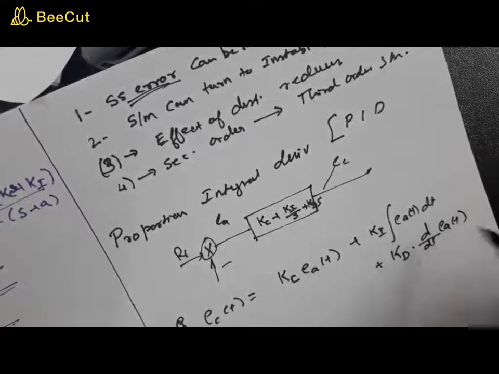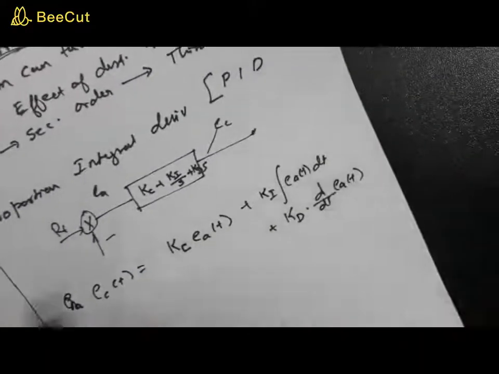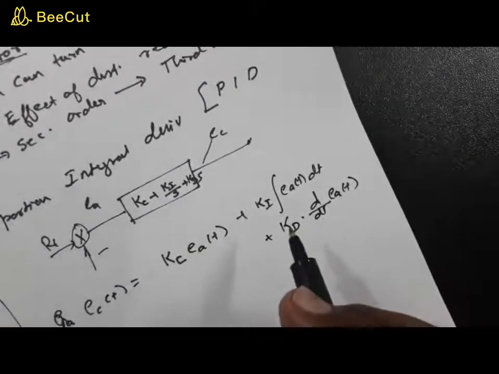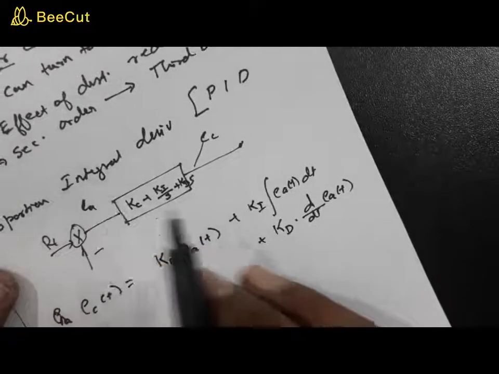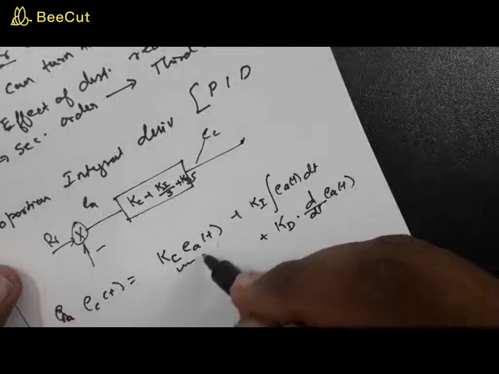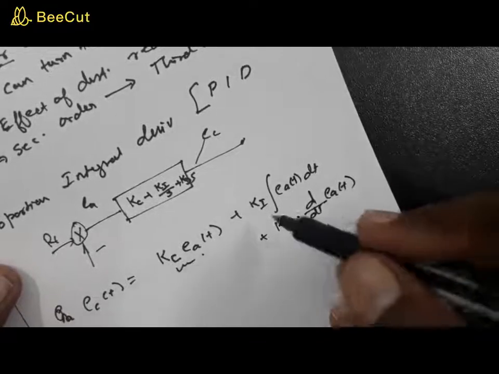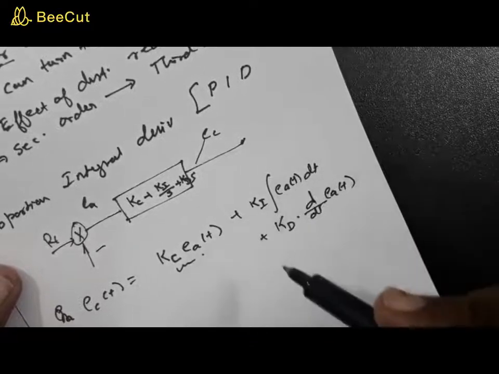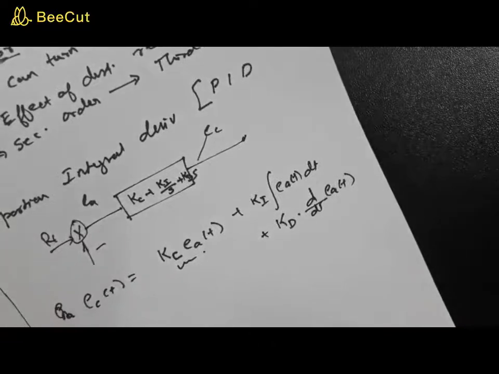So this is the equation, which we got from the basic definition of a PID controller. The output is not only proportional to the input, it is also proportional to the integral of the input as well as the derivative of the input.